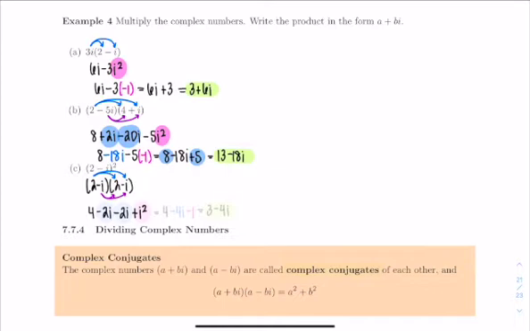We have our i squared that we need to replace, and we have like terms in the middle. So we have 4 minus 4i, and this is going to become a minus 1. And so we can combine like terms one more time, and we get 3 minus 4i.